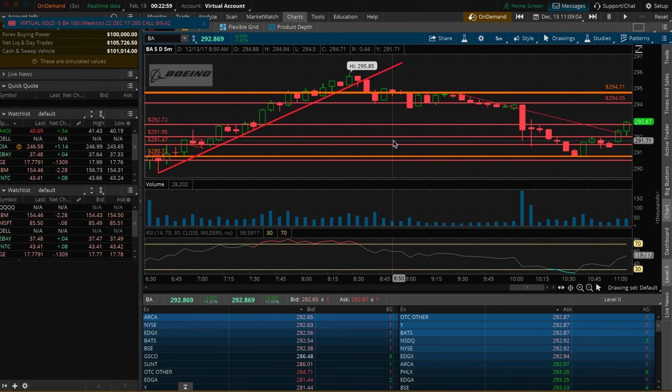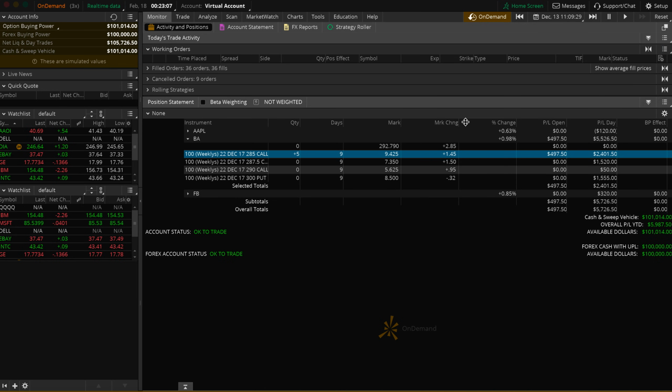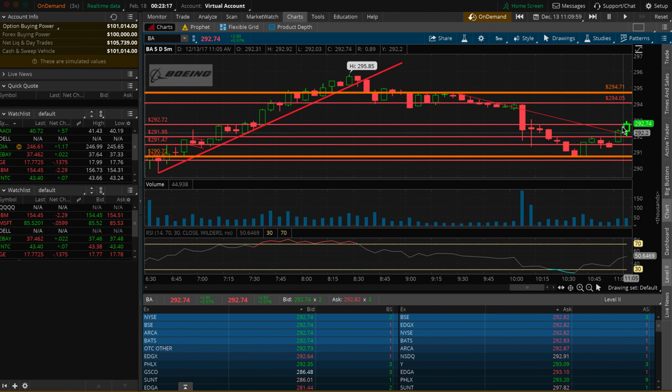Took off half. Okay, this is resistance. If it pushes through, great. If it doesn't, I already took off half. So I just took off 500. Push through there, we might get to here.